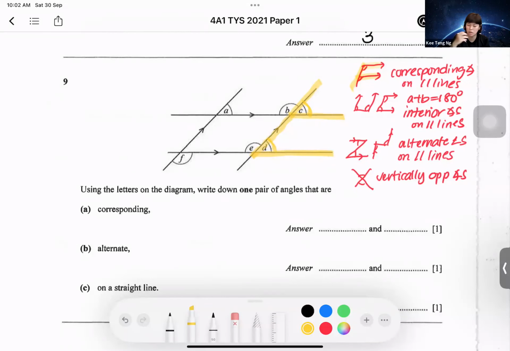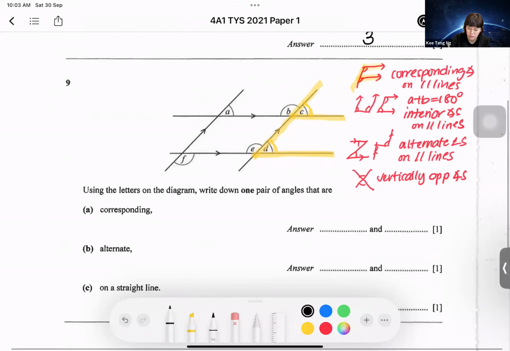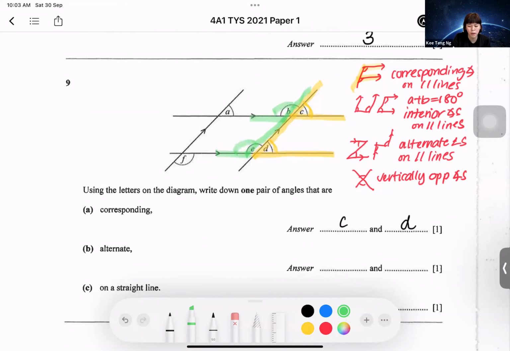So you turn it the other way around, it's something like letter F. So this will be angle C and angle D. Of course, you can have the other pair of parallel lines over here, another letter F, right? E and B will also be a pair of corresponding angles, so you can have a different answer.